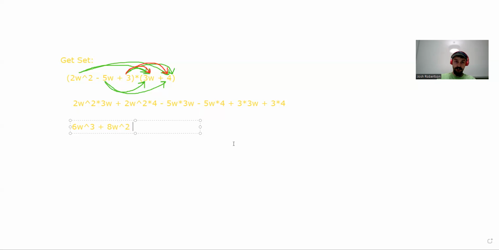And that's a negative 5 times 3, which is a minus 15, and that's w times w, which is w squared. 5w times 4, and that's a minus again, so 5 times 4 is 20w, and then I get plus 3 times 3w, which gives me 9w, plus 3 times 4, which gives me 12, right?